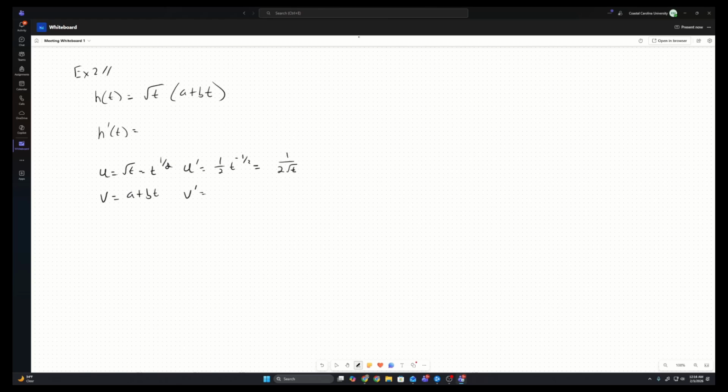Now for the v, it's interesting because what they are doing in this problem is a little weird. We have these a's and b's. Now what they tell us is that a and b are constants.